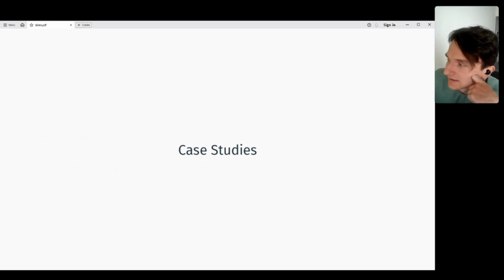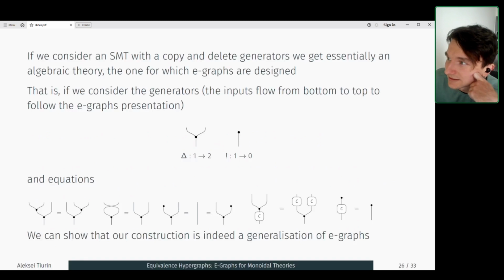And the first case study that I will show is that the plain EGRAPHS arise if we restrict our enriched symmetric monoidal theories to Cartesian symmetric monoidal theories. That is, theories that come with two additional generators, the co-multiplication and co-unit, and I've just switched the inputs and outputs to follow the presentation of EGRAPHS, so the inputs flow from bottom to top.